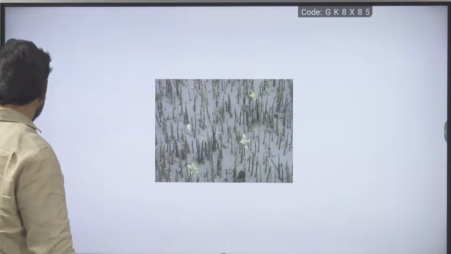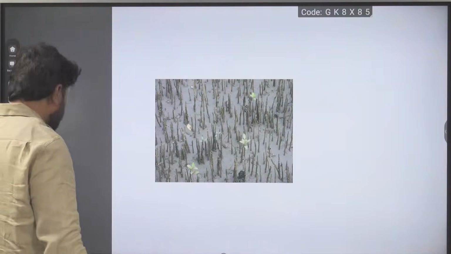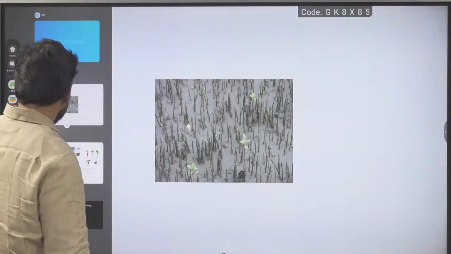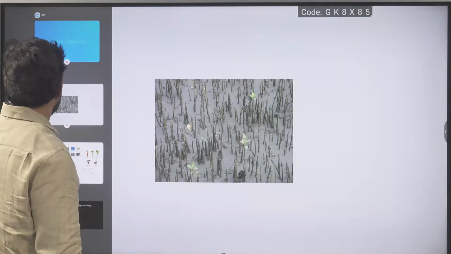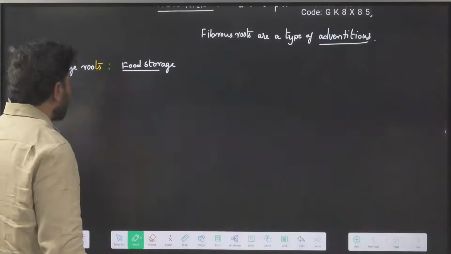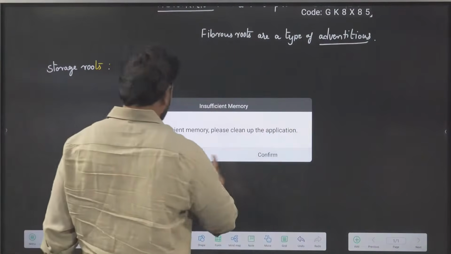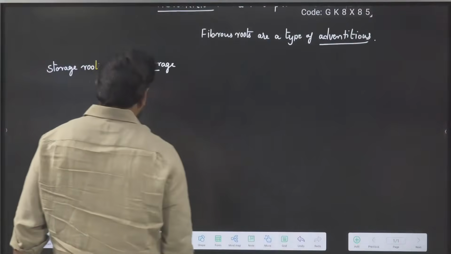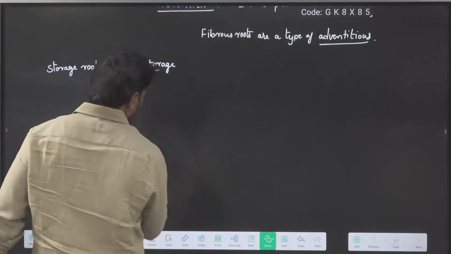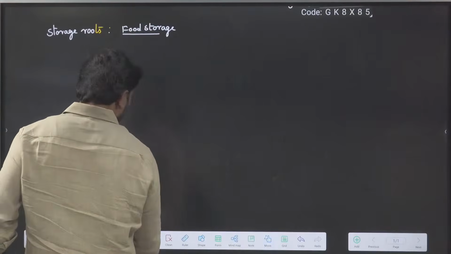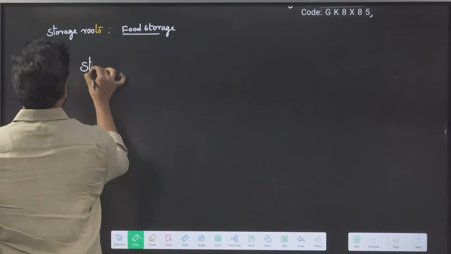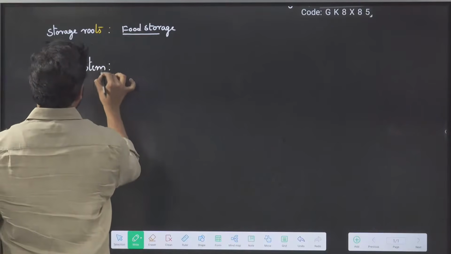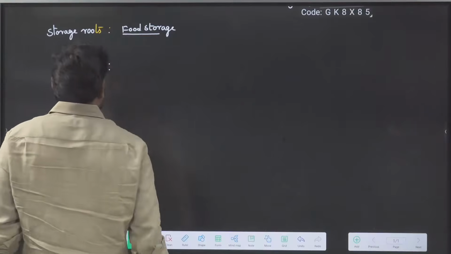Next, come to another thing, that is stem. After root, we have a concept to be discussed, that is stem. What is a stem?